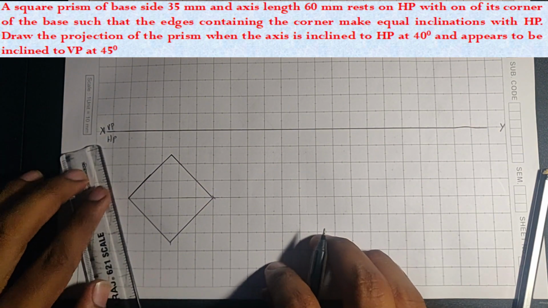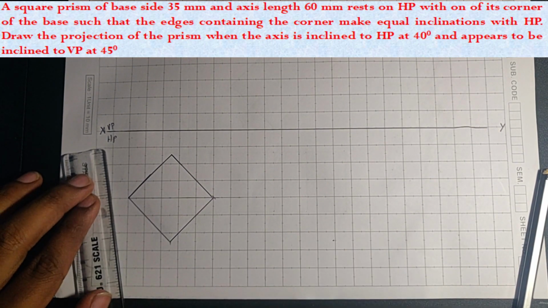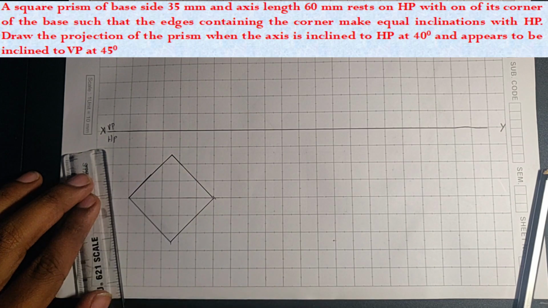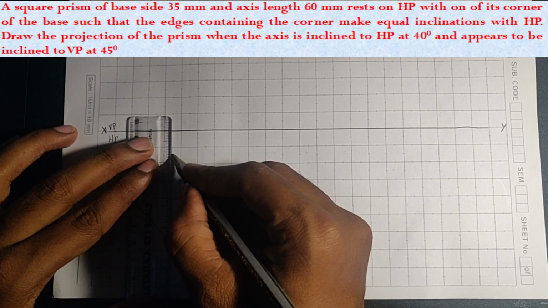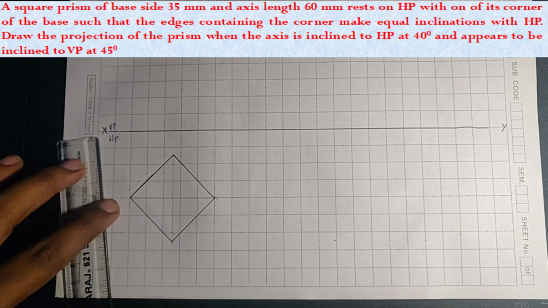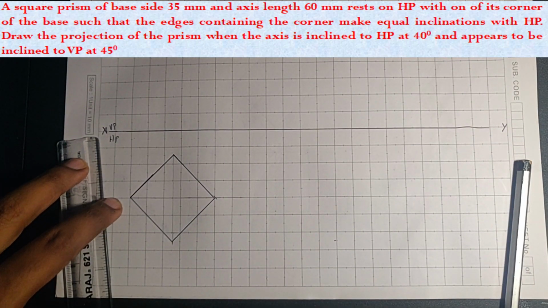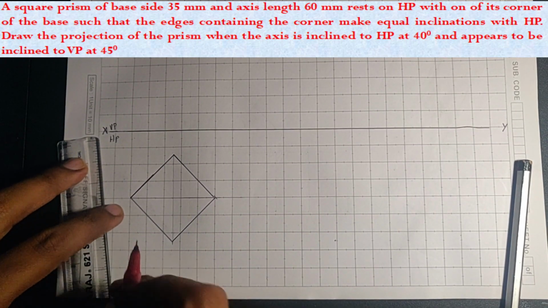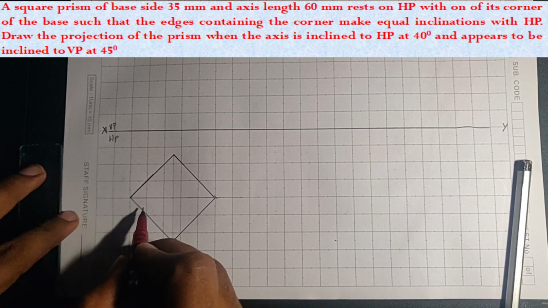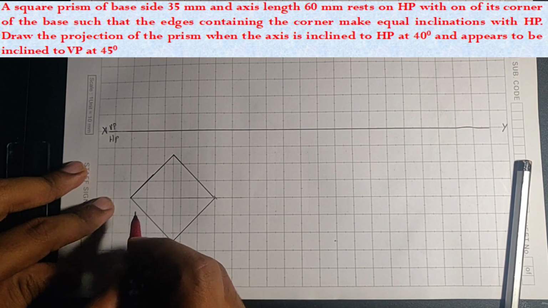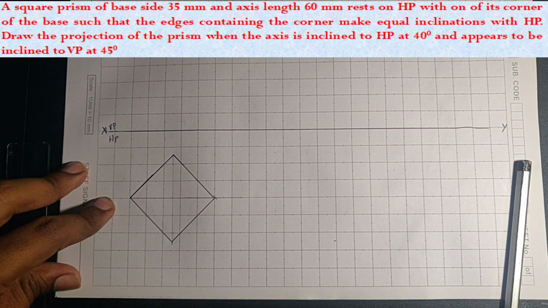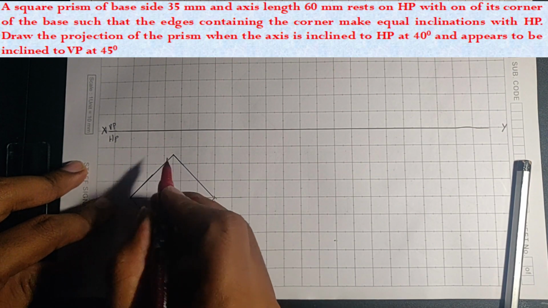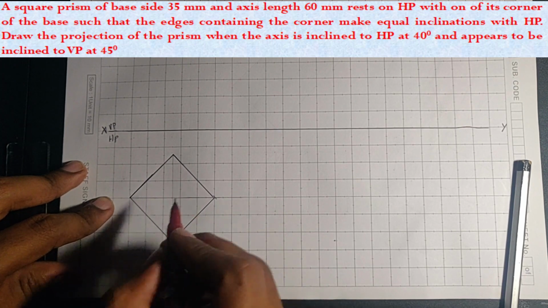Right. So let me project this point now. Since it is a prism, the diagonal should be drawn with a very thin line here. Okay. Right. So let me name this point now. You know how to name this top view here. So when I see from the top, we have seen in the previous problem, I name the top surface as A1, B1, C1 and D1.